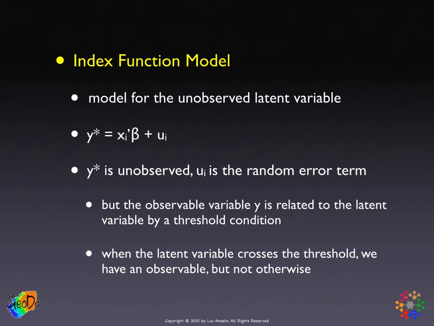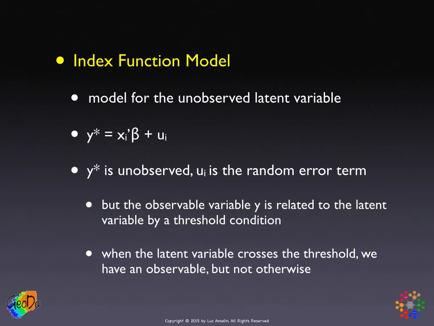And the error term will determine how we actually model this. And we get from the unobserved latent variable to the observable binary 0-1 variable through a threshold condition.